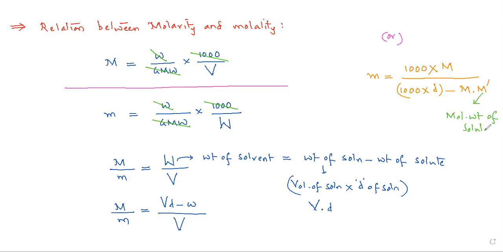I've taken m dash only to avoid confusion with the capital M or with the small m if small m is taken for solute. So I just wanted to avoid that confusion and I've taken m dash as the molecular weight of the solute. Right. So this of course can be used for solving the problems. This is about the relation between molarity and molality.